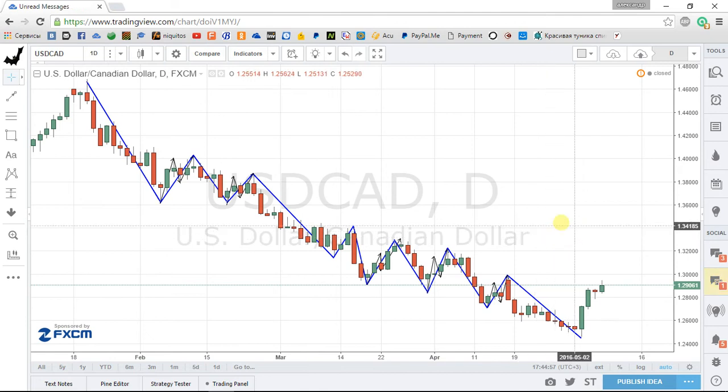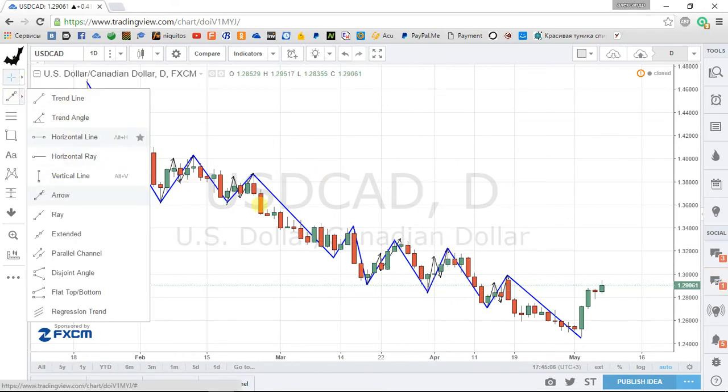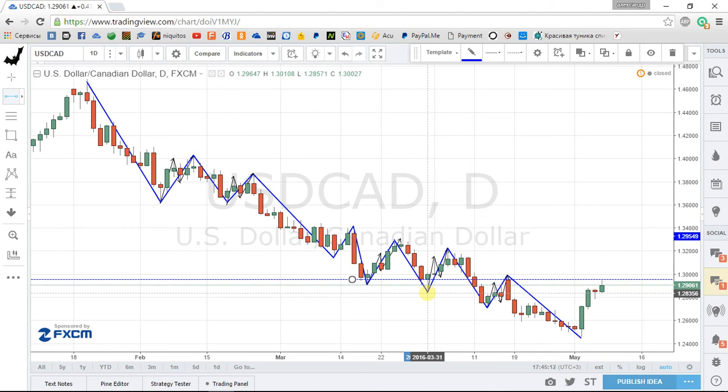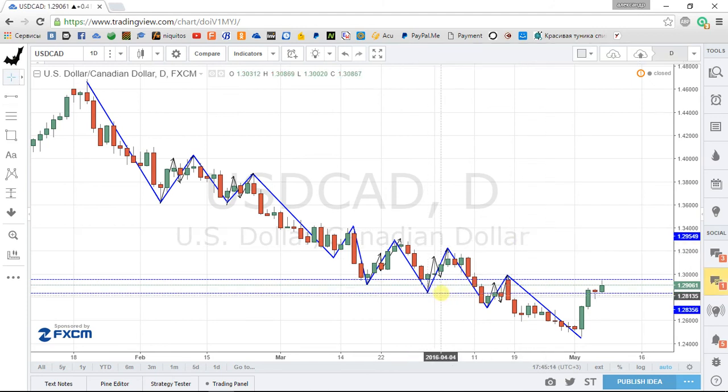Okay, so look at this. We bounced off that, boom, bounced once again off this level. Let me mark it with a horizontal line like this. And the lowest close, maybe this, the most recent one, and the lowest low. So this is the zone where price action will most likely change its direction, and it changed direction once, twice.